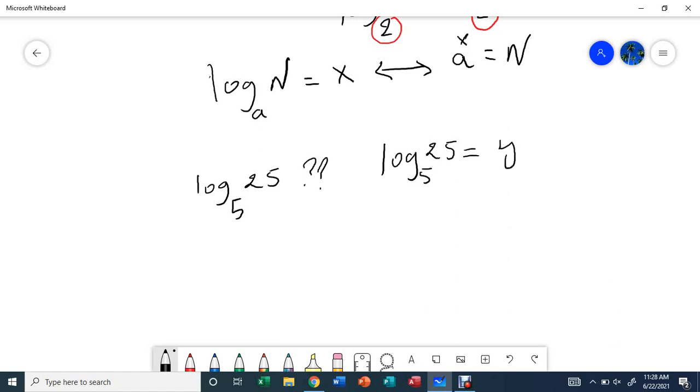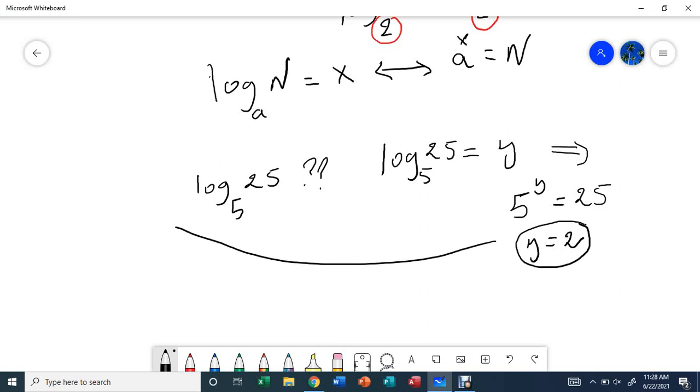So using the rule above, that means 5 to y equals 25. Now what's the number you raise 5 to and you get 25? Yes, you got it. y is 2 because 5 squared is 25. So this rule is very handy for solving equations.